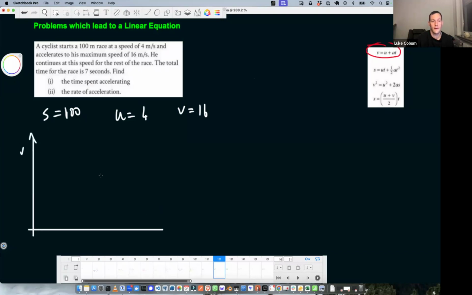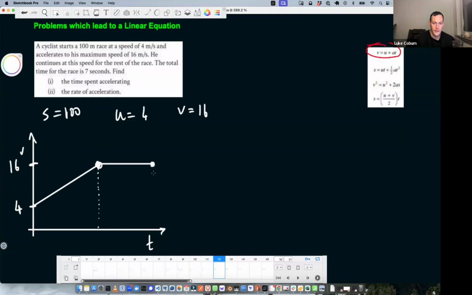So this is my velocity time graph. Here is 4, which is when we start, and we get up to 16. We know that the cyclist accelerates uniformly up to that speed there, and then travels at constant speed for the rest of the race.